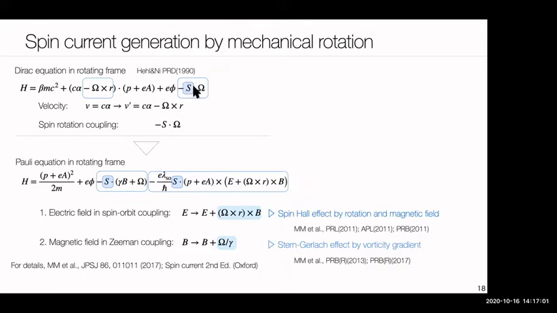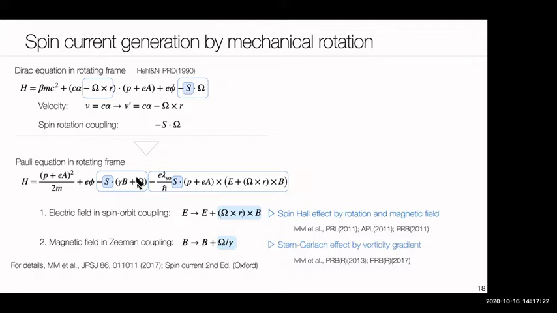From this Dirac Hamiltonian, by using the non-relativistic approximation, we obtain the Pauli equation in a rotating frame in the presence of the electric field and the magnetic field. This term is nothing but the spin rotation coupling.